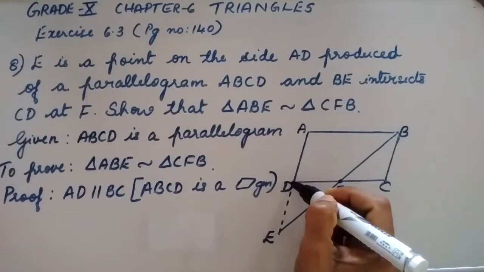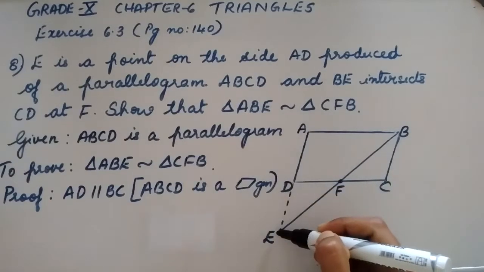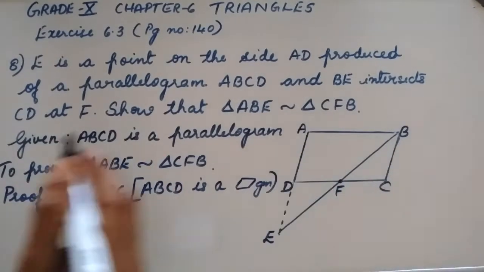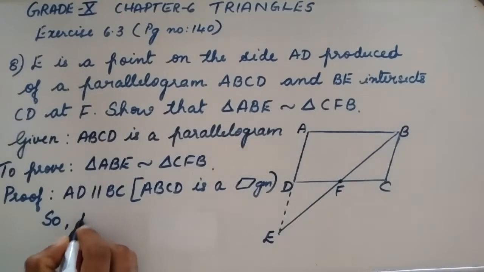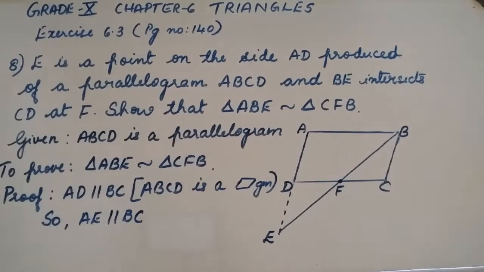So if AD is parallel to BC, even AE is also parallel to BC. So AE is also parallel to BC.